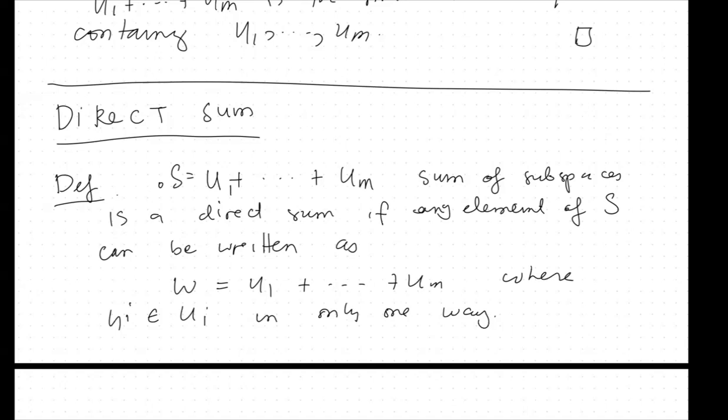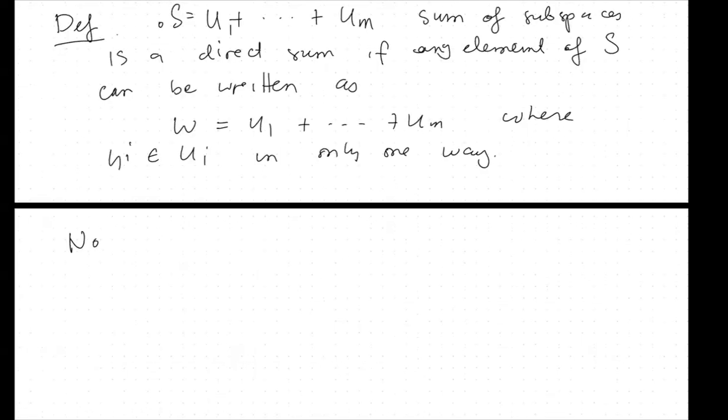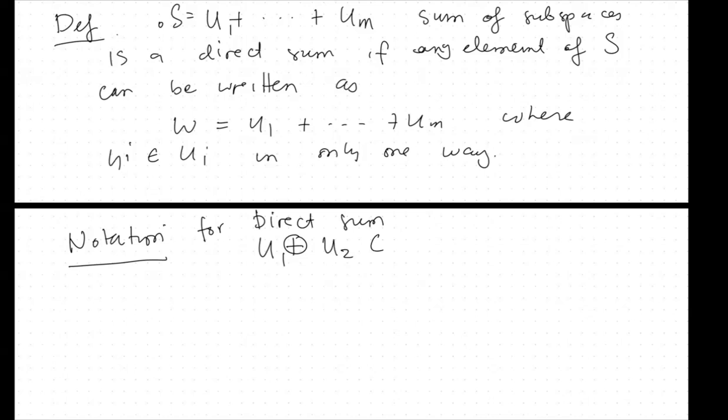And then the notation for direct sum is U1 ⊕ U2 ⊕ ... ⊕ Um. Yeah, that's it.